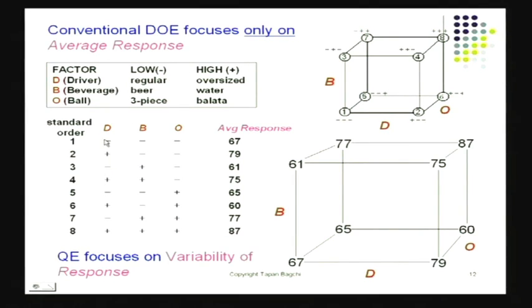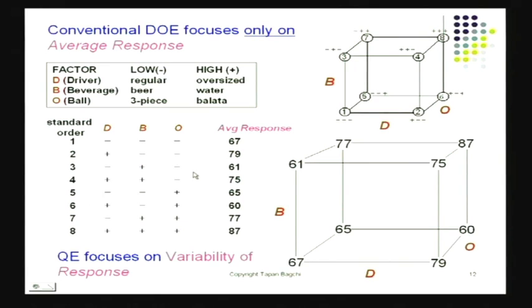Notice there is a certain pattern that the settings of D follow as I go from trial 1 to trial 8. These settings for factor B also change likewise, from minus to plus plus, and then again minus to plus plus. And the selection of ball goes from minus to plus plus.